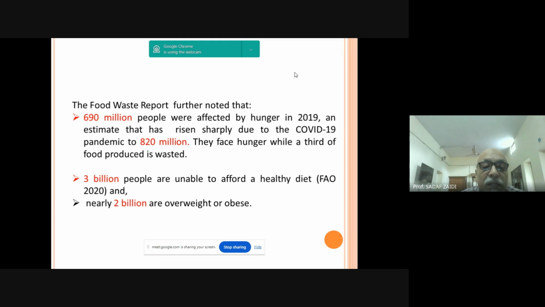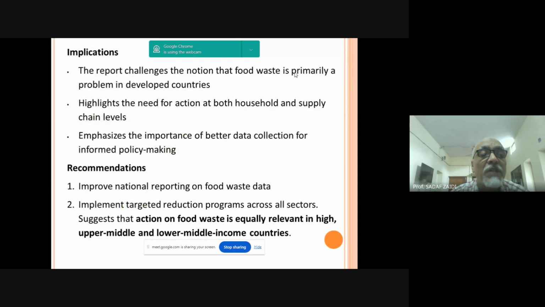That is, they are undernourished. And nearly 2 billion people are overweight or obese, which means that these obese people, it is obvious that they have a lot to eat, whereas these 3 billion people are unable to afford a healthy diet. So these are some of the revelations.